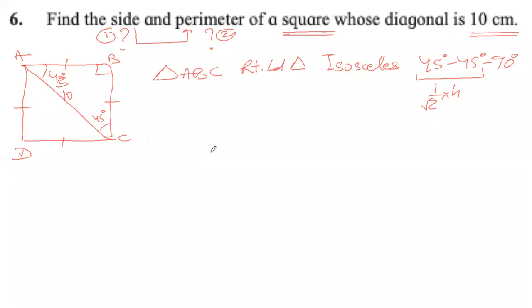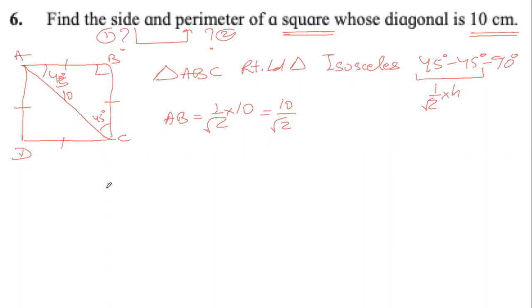So using this formula for this triangle, the hypotenuse is AC, which is 10. So AB equals BC, or just write AB, the side, is equal to 1 by root 2 multiplied by hypotenuse, which is AC, and AC is equal to 10. So our answer is 10 by root 2. If this is 10 by root 2, all the other sides will also be 10 by root 2.